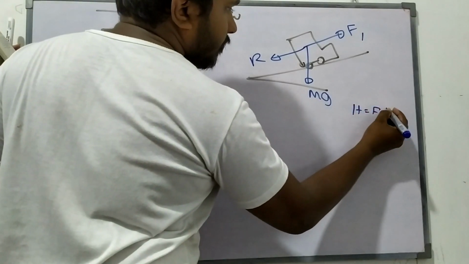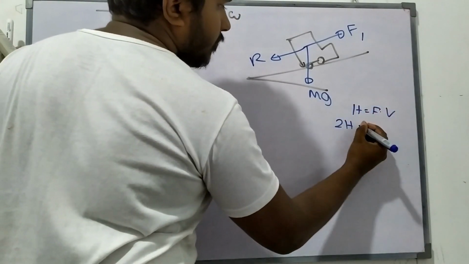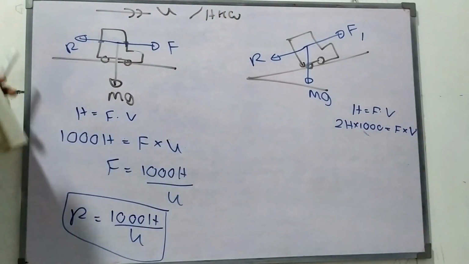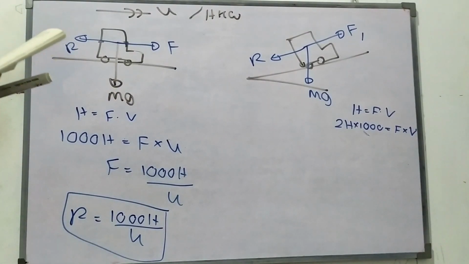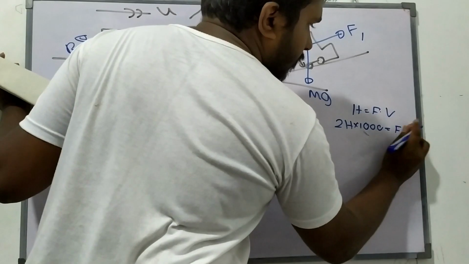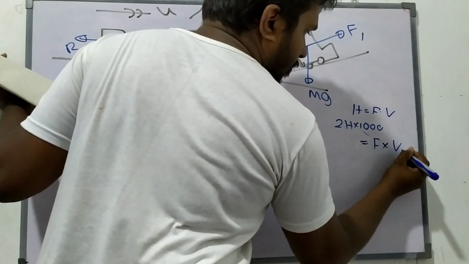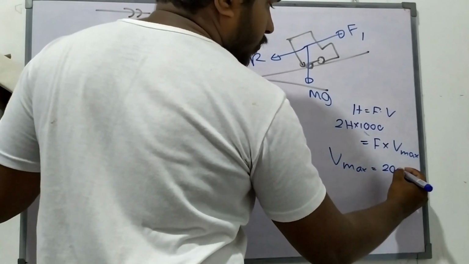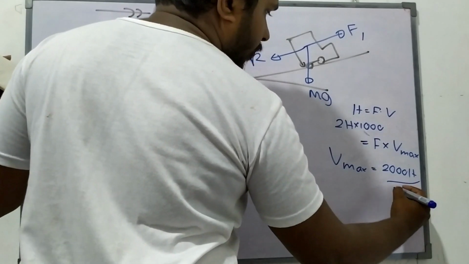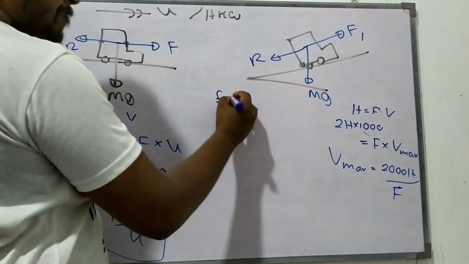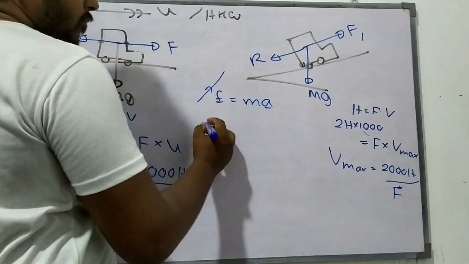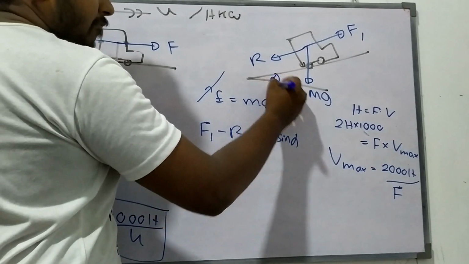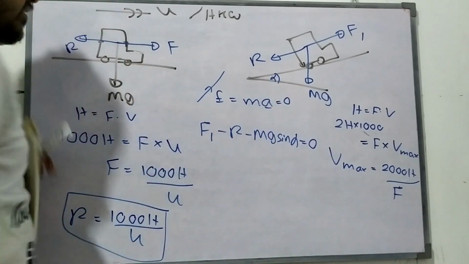H equals FV, 2H equals F V. So V max is 2000 H over F. Again this is 0 because the acceleration is 0.